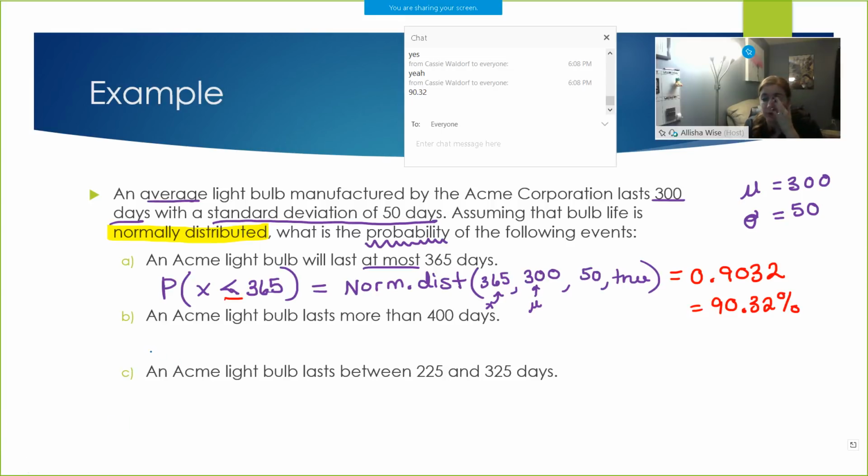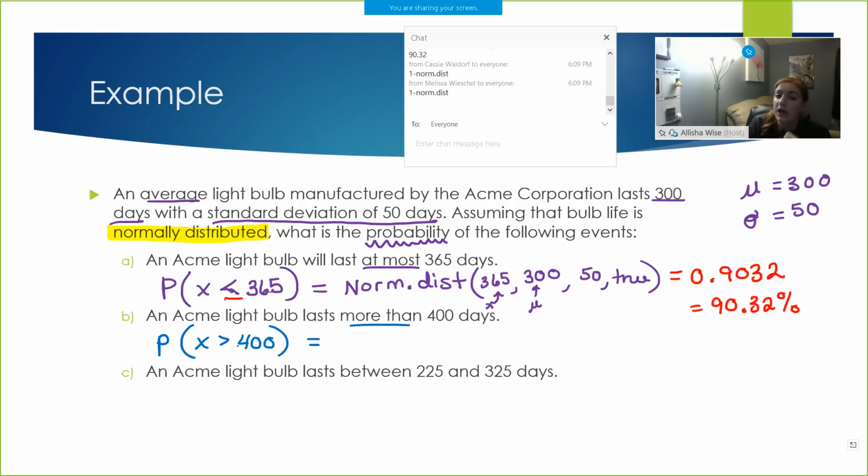Let's try the next one. So we're trying to find the probability again that an Acme light bulb lasts more than 400 days. So what inequality would more than be? So you're thinking more than is greater than 400 days, and you got the formula that you should use correct.